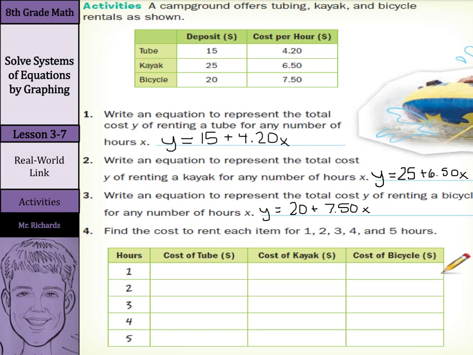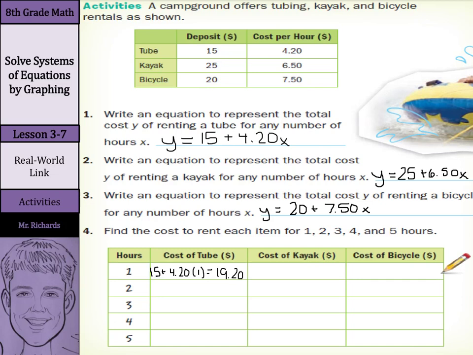Now to find the cost to rent for 1, 2, 3, 4, and 5 hours for each, we can use the equation. For our tube, it's going to be $15 plus $4.20 times 1. And $4.20 times 1 is $4.20 plus the $15 is $19.20.